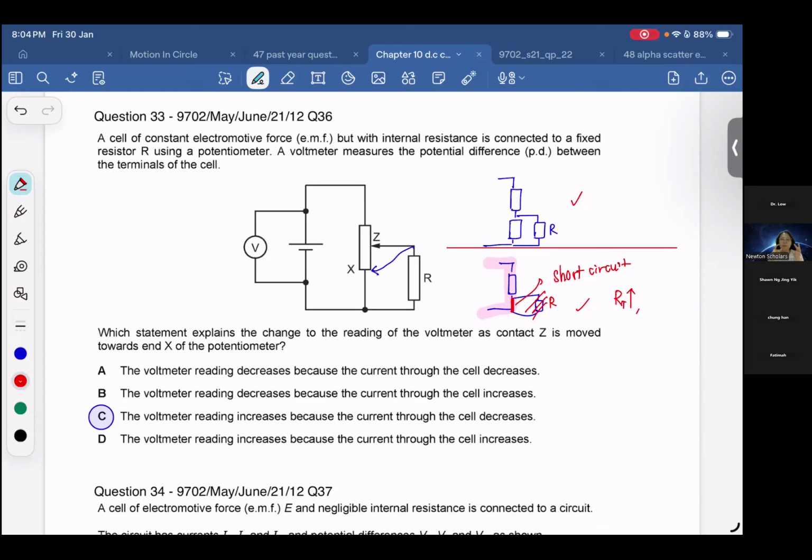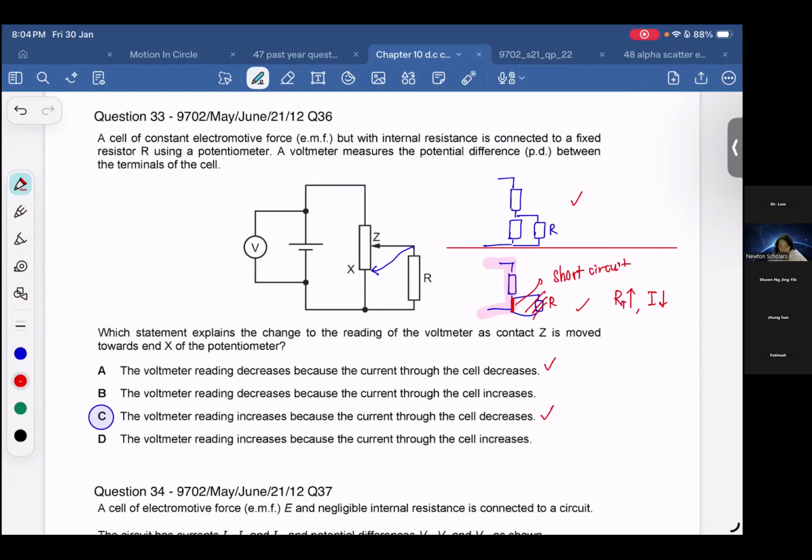A parallel circuit has the property of reducing the resistance, but if we move the slider to X, we lose this function. So when you move this way, you increase your resistance, and your current will decrease. Therefore, current will decrease: either A or B, C.